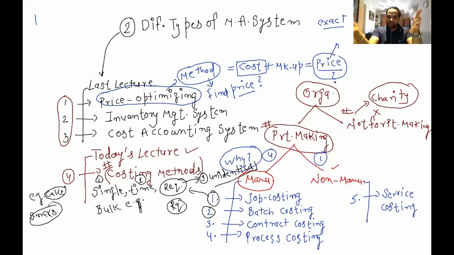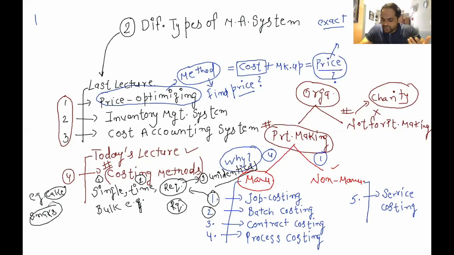That kind of business, the company always produces in a batch. One batch for small size, one batch for XL, double XL, triple XL, and so on. Right? Same with shoes. Whenever a company produces shoes, it produces in a particular batch, for different sizes of the different kinds of shoes, right? So that's an example of batch costing.